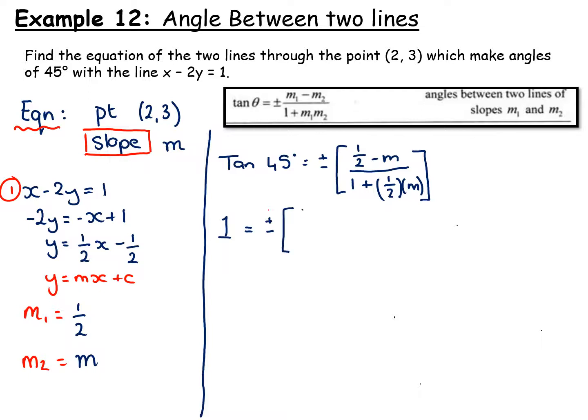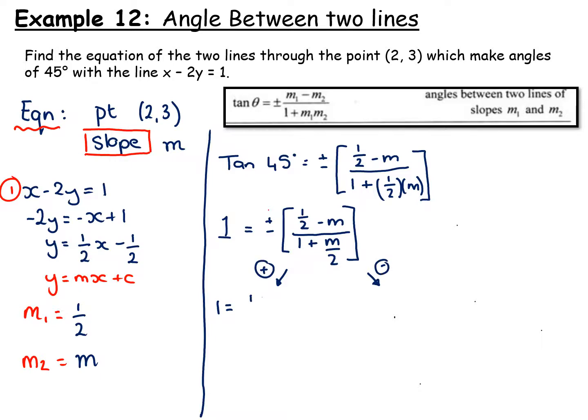We can tidy this up just a little bit. There's not a huge amount we can do with it right now. 1 plus m over 2. Now, we do want two values for m, so we're going to split this out into two pieces. The first piece will be 1 equals, and we take the positive. So I'll put the plus here. So we're taking the plus sign, and then here we're taking the minus sign.